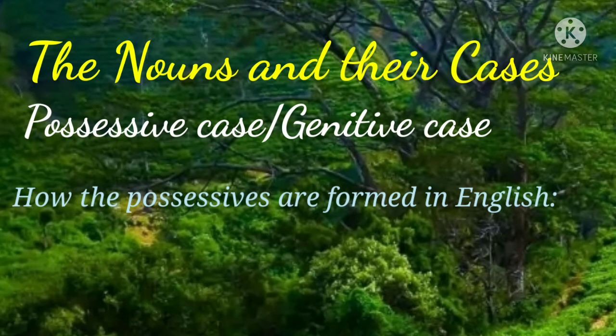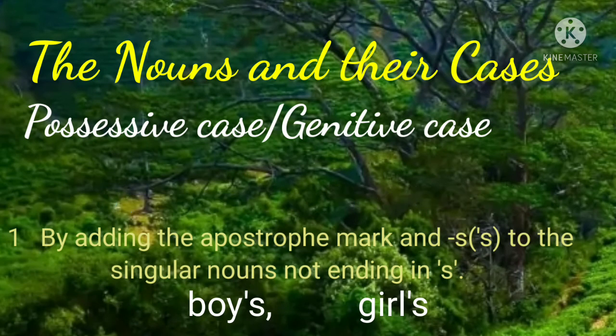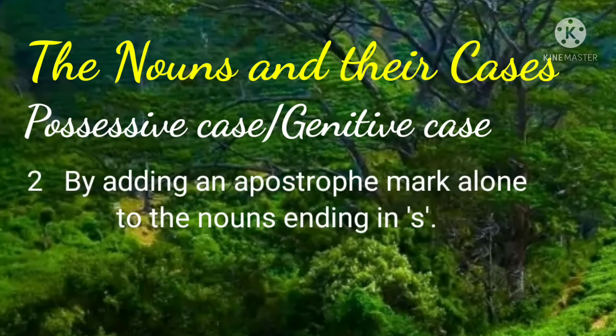There are different methods. Number one, by adding the apostrophe mark and S to the singular nouns not ending in S. For example, boy apostrophe S, girl apostrophe S. Second one, by adding an apostrophe mark alone to the nouns ending in S. If the noun ends in the letter S, you need add only the apostrophe mark.